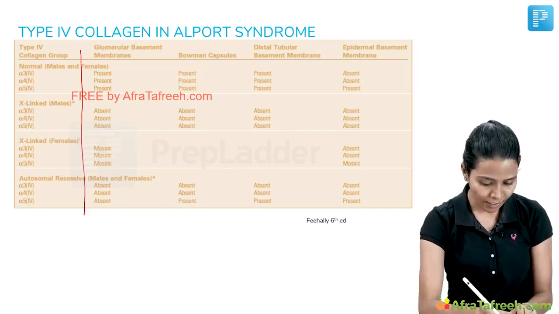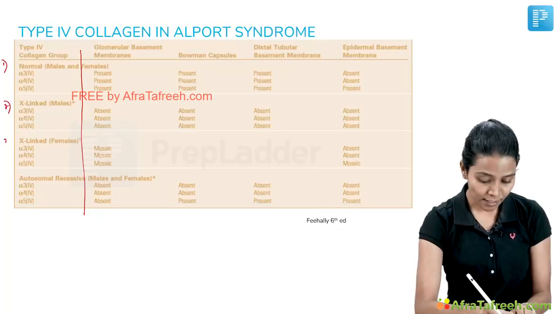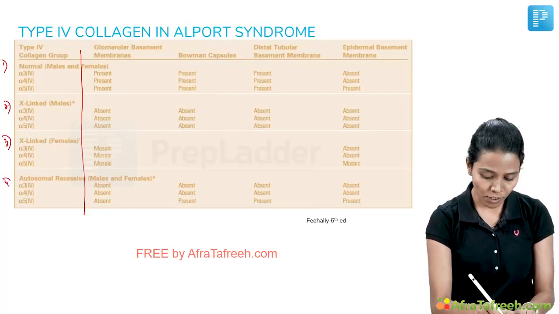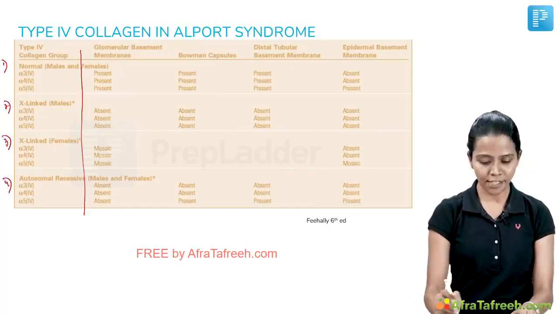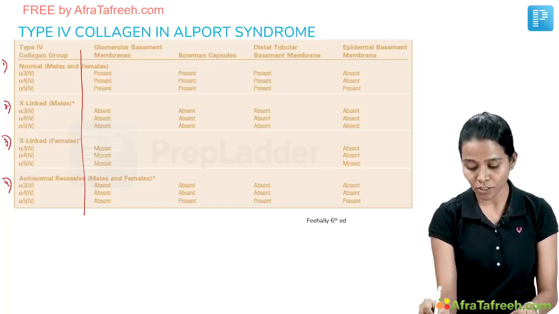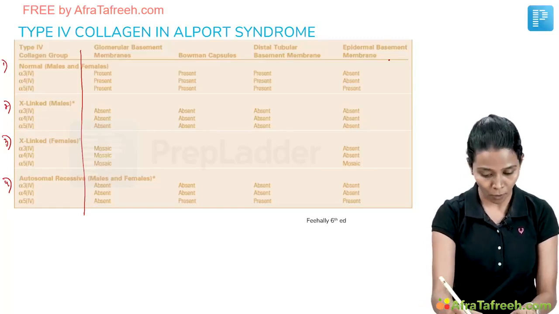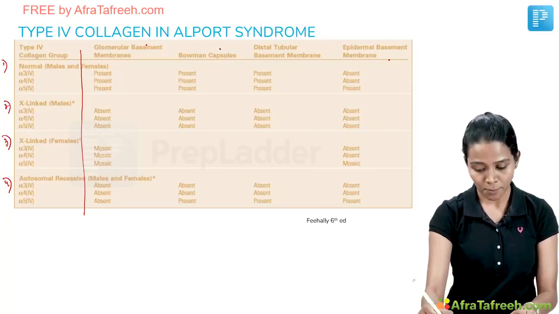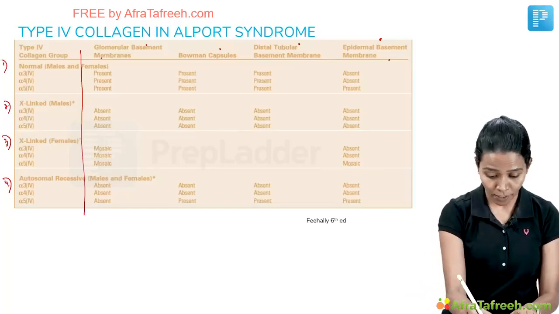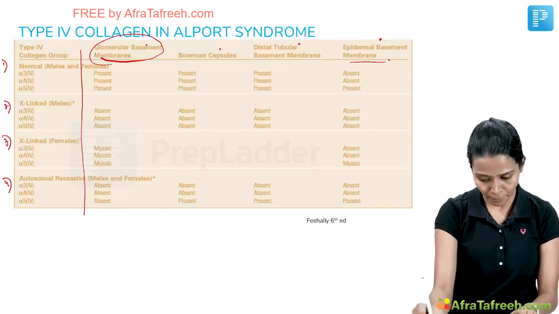Okay. So, they have divided into 4 groups. First is normal. Second is X-linked males. Third is X-linked females because there is significant difference in the presentation. Fourth is autosomal recessive types, both males and females. So, in normal, they have seen it across four basement membranes: glomerular basement membrane, Bowman's capsule, distal tubule, and epidermal basement membrane. Now, I would like you to concentrate on glomerular basement membrane and epidermal basement membrane.